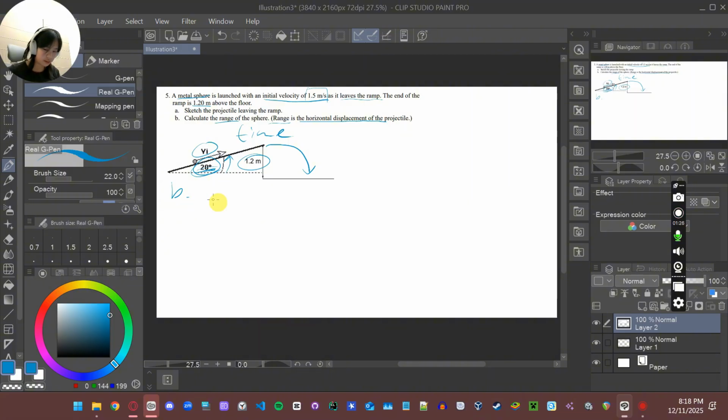In order to find time, you're going to need to use an equation that allows you to. It's going to be delta x equals initial position in y plus the initial velocity y times t and 1/2 acceleration times time squared.